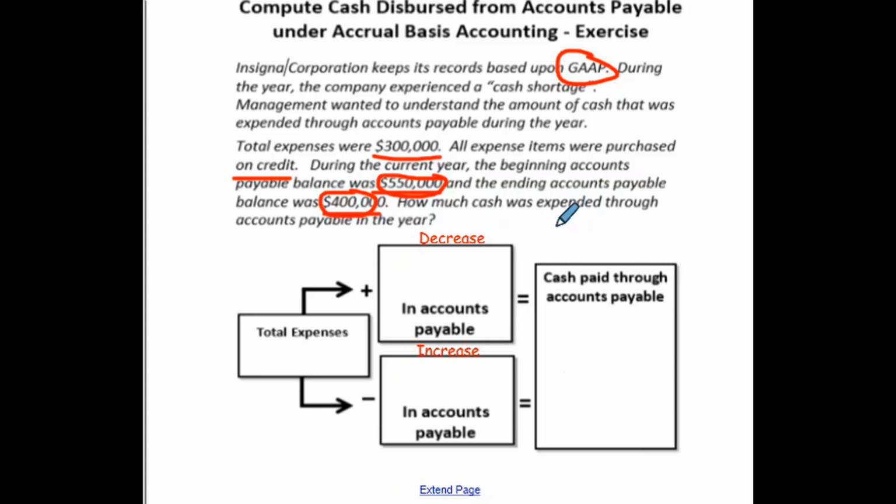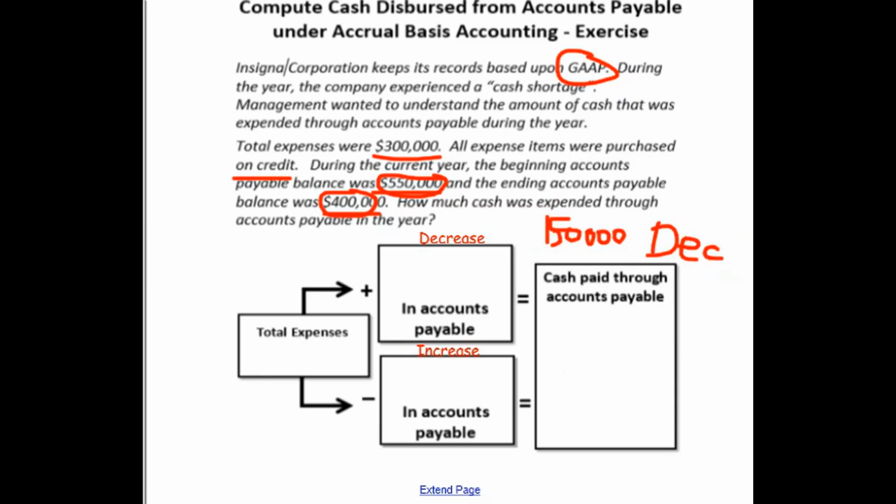That obviously implies we had a decrease, and the amount of the decrease was $150,000. So I'm going to again try to utilize a mouse to create some numbers. So $150,000, and I'm going to put here DEC for decrease, because our accounts payable went from $550,000 to $400,000.